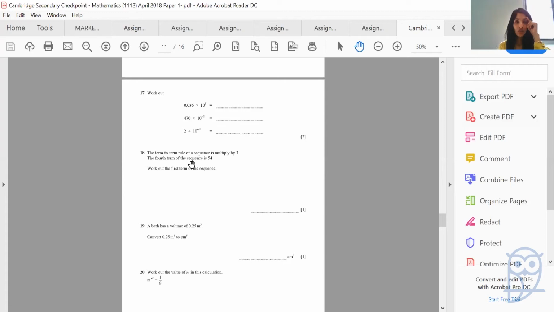If you calculate it, the answer will be 4.7. The last one is 2 divided by 10 to the power negative 4, and your answer is 2,000. Everybody with me so far?